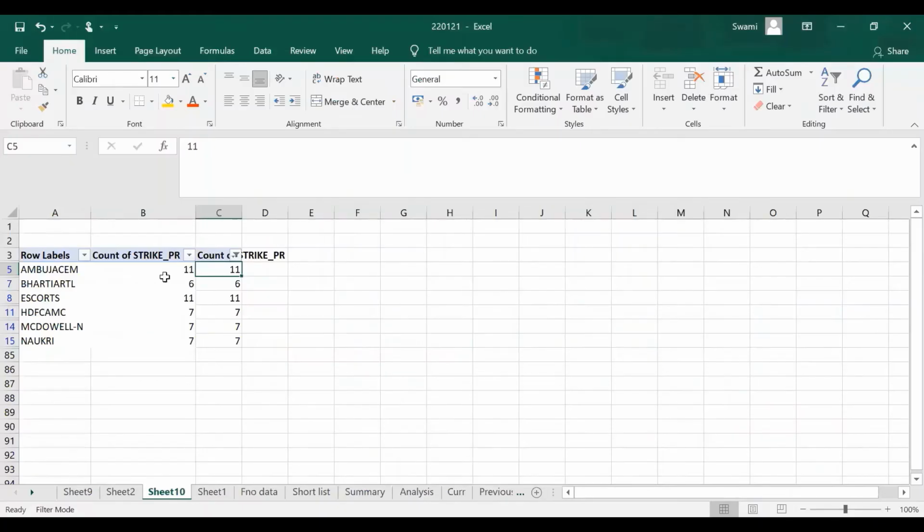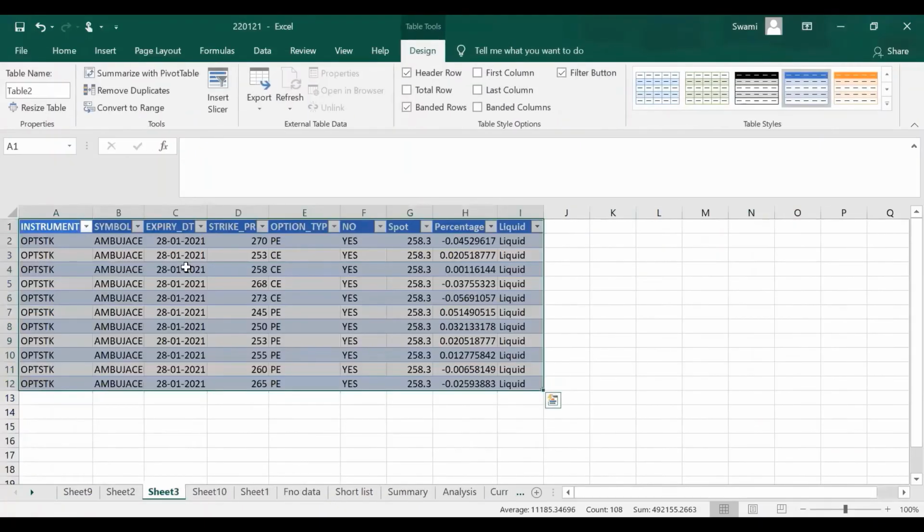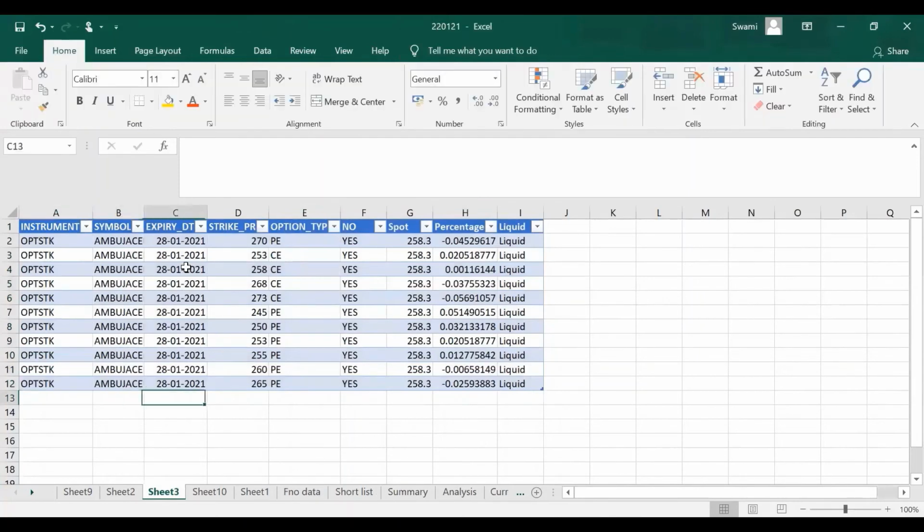So which are the option contracts that have come over here is basically these puts.